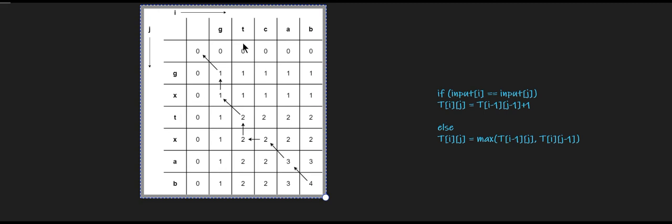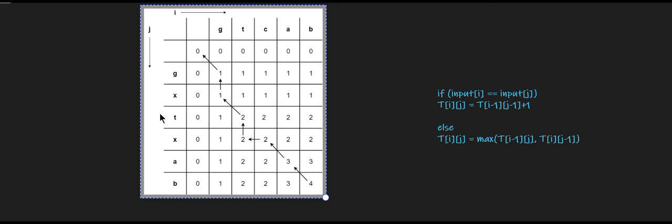Here the last characters don't match, hence we take the maximum of this 1 and this 2, so we get the cell entry as 2. Next when we compare GTCA with GXT, we take the maximum of this 1 and this 2, so we get 2. Similarly for GTCAB and GXT, we get 2.